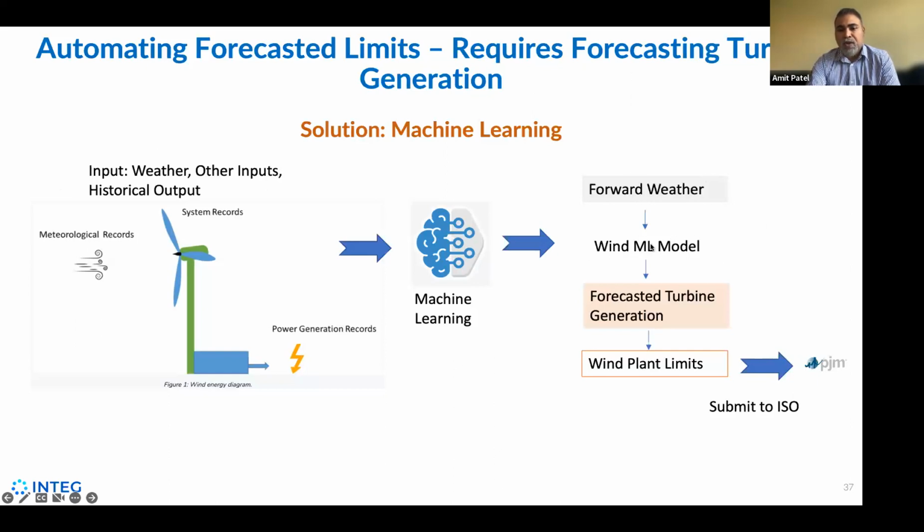Once you have the wind ML model, all you have to do is plug in the forward weather and it gives you the forward generation. Once we had that, it was easy to calculate the limits. Then we submitted them to the ISO, or in this one, we can actually submit it to another system, which then submits it to the ISO. So the focus of this is going to talk a little bit more about machine learning and how it can be easily implemented.